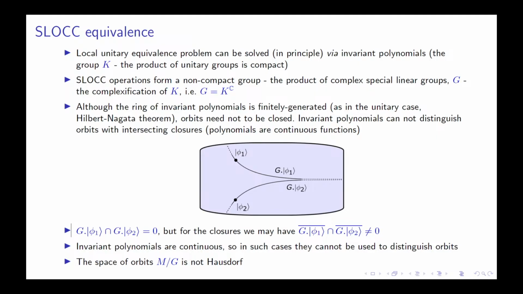In such cases they cannot be used to distinguish orbits, because they should be the same on two orbits whose closures intersect, because of continuity of the polynomial. The other way of formulating this is that the quotient space M over G is non-Hausdorff.